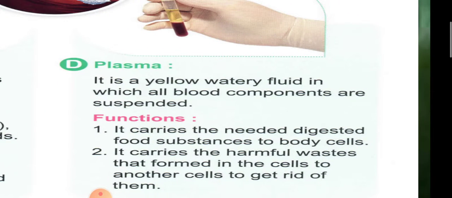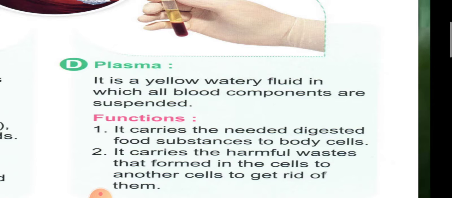Okay, what are the functions of this plasma? The plasma will carry the digested food to all the body cells and carry the harmful wastes that are formed inside the cell to another cell to get rid of them.